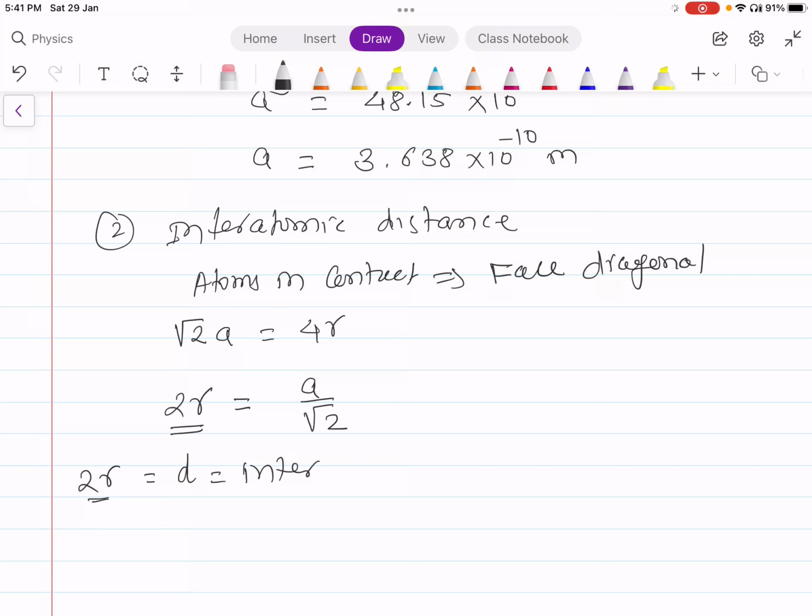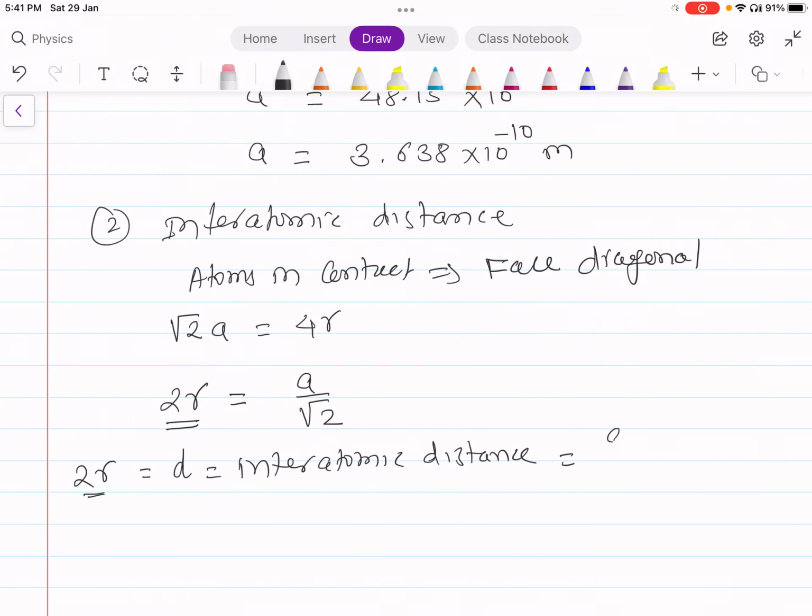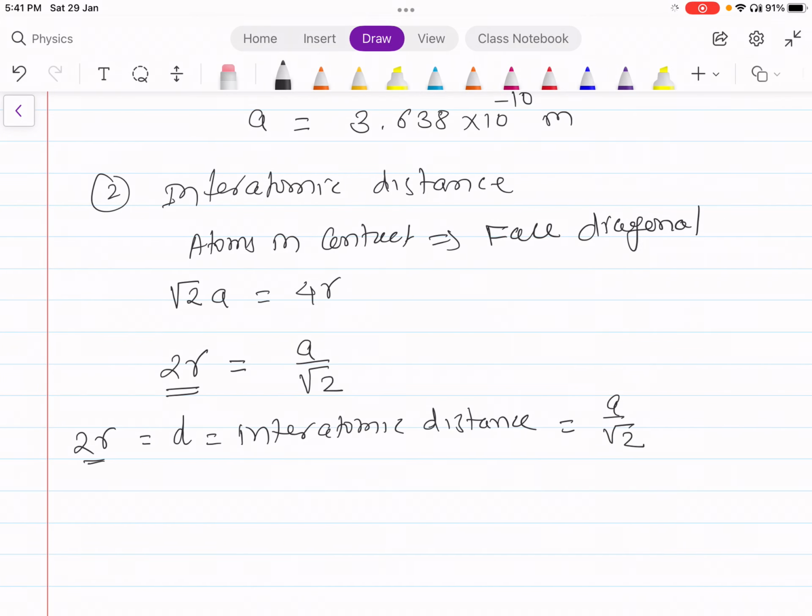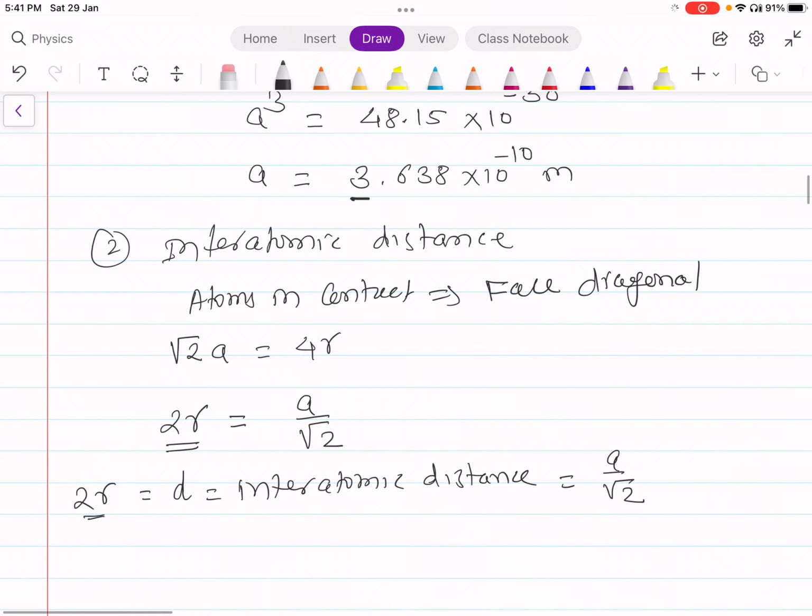So 2r equals d, and that is nothing but the interatomic distance. And this interatomic distance is equal to a upon root 2. We know the value of a, we just calculated it.